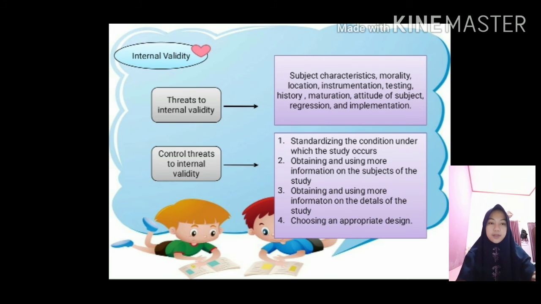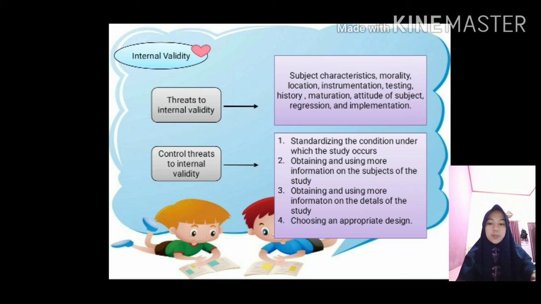And then internal validity. What is internal validity? Internal validity is defined as the extent to which the observed results represent the truth in the population we are studying, and thus are not due to methodological error. When a study lacks internal validity, one or more alternative hypotheses exist to explain the outcomes.